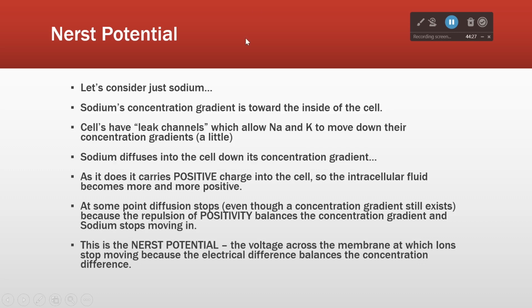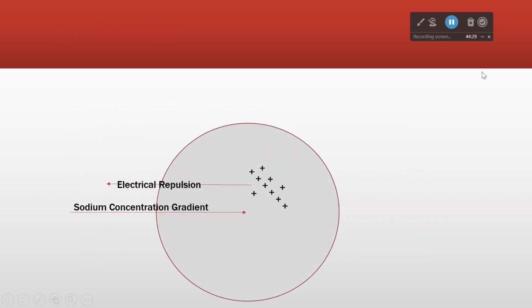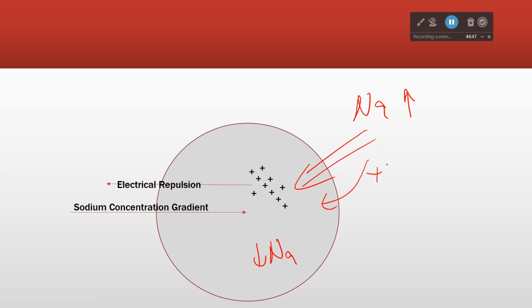So I think I have a picture to draw on. Yes, I do. Okay. So we have sodium high outside, sodium low inside, right? So the concentration gradient is that way. Well, as more and more sodium, more and more pluses come into the cell down the concentration gradient, the cell inside becomes more and more positive, right?